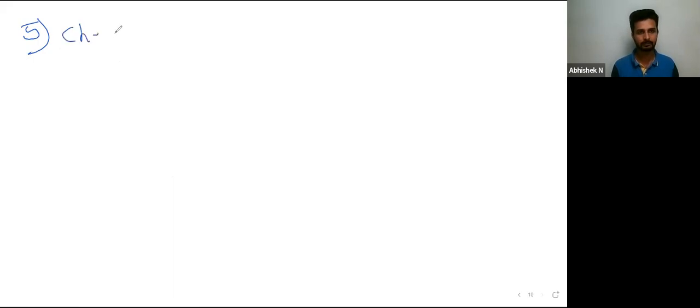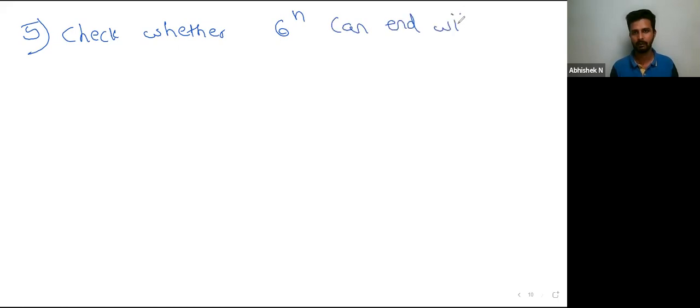That is, check whether 6 to the power n can end with the digit 0 for any natural number.